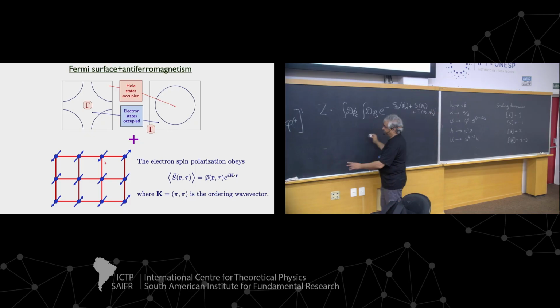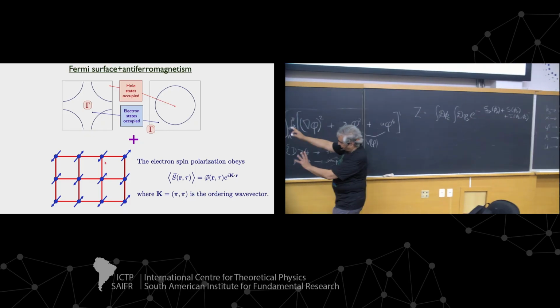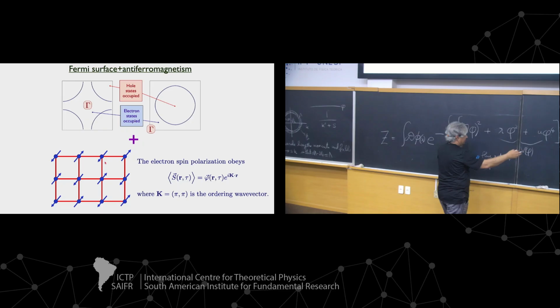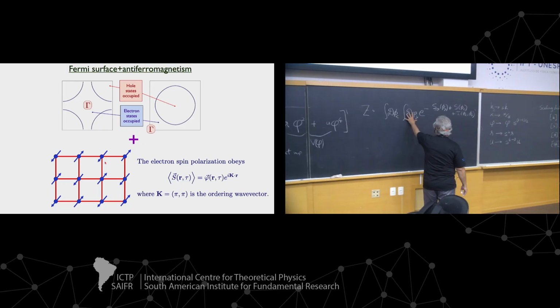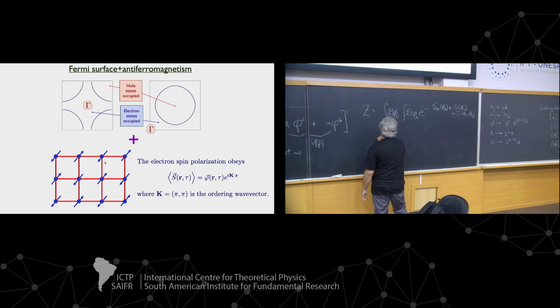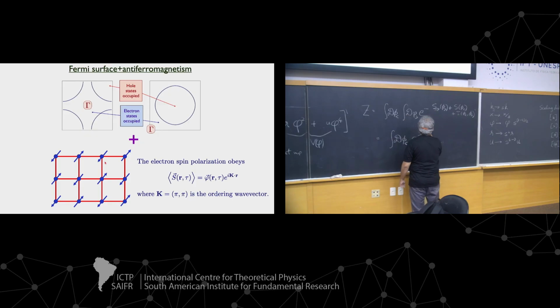If you put in phi with all these different momenta and expand this out, quite generally you can write it this way. Now I just do the integral over phi greater, and I get a theory just for phi lesser. This theory will of course have the term S of phi lesser.